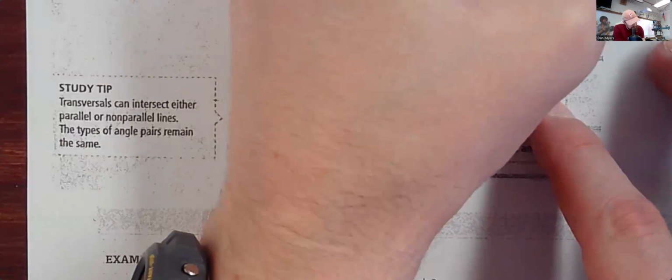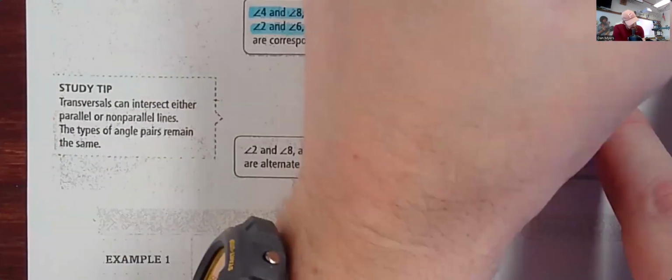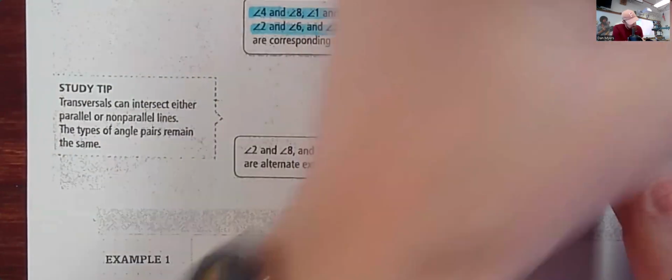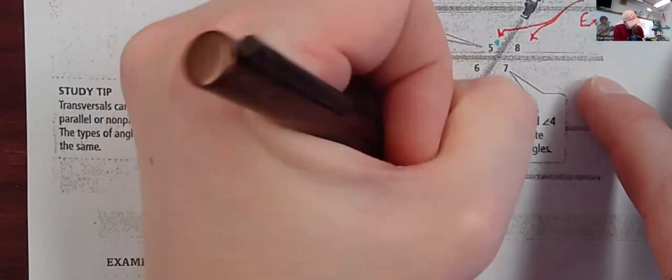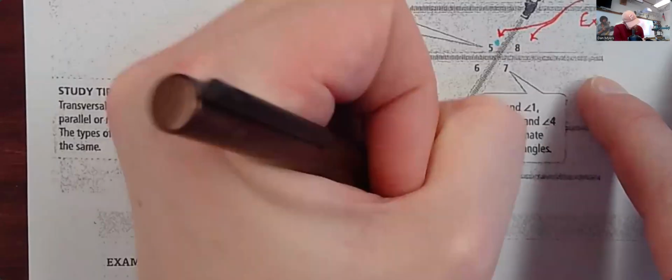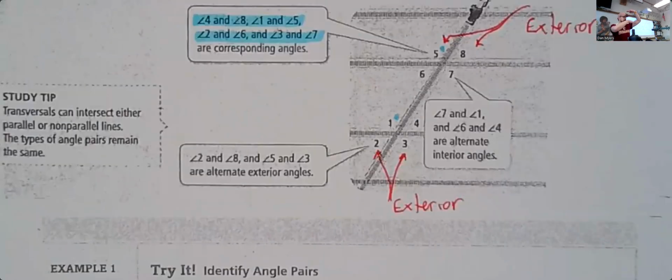So if I point to 5 and point to 8, those are exterior. And 2 and 3 are also exterior. Because if you look at where those parallel lines are, if you look outside of them, not in between them, on the outside would be exterior. In between would be interior.